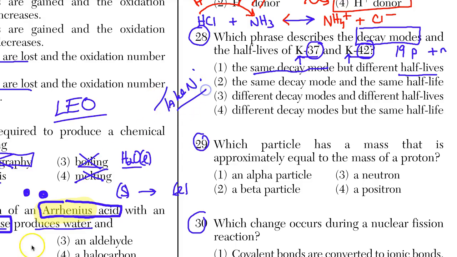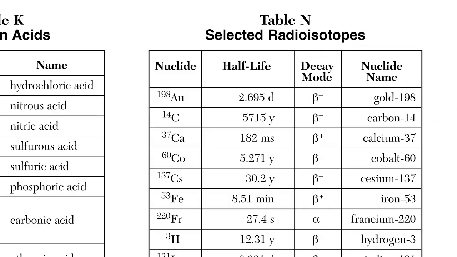So let's go there. And here we are with table N magically appearing for us. We're going to scroll down and focus. Again, this is selected radioisotopes. These are some, not all, radioactive elements because their nucleus is unstable.